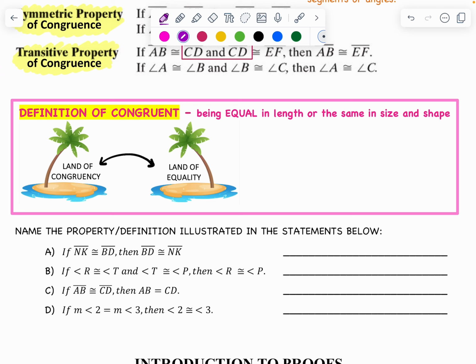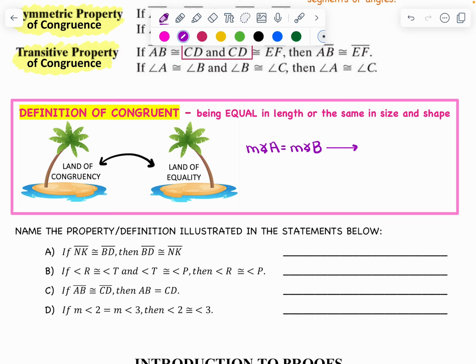So what I mean by that is, let's say I'm working a problem, a proof, and it says the measure of angle A equals the measure of angle B. Well, clearly I'm in the land of equality because there's an equal sign and I'm talking about their measure, right? But what if somewhere down the line, I don't want to be talking about their measure anymore, and I want to tell you that the angles are congruent, right?